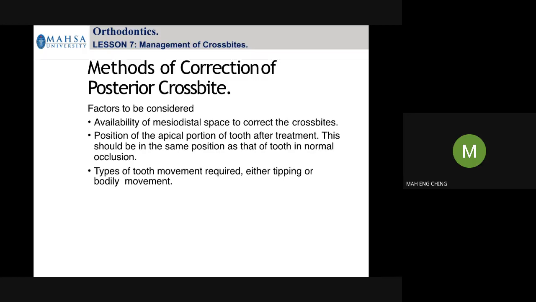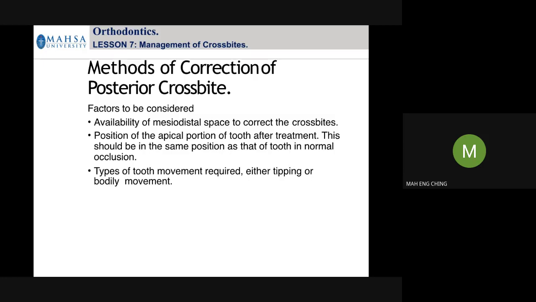The position of the apical portions of the teeth after treatment should be in the same positions as those in the normal occlusion. This one I think is difficult to explain and imagine. We are talking about the final position of the apex or the root positions.